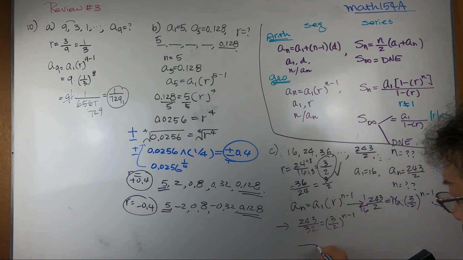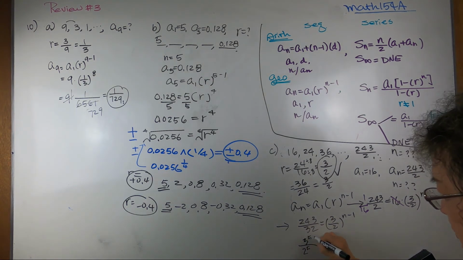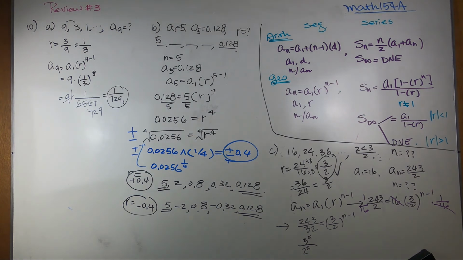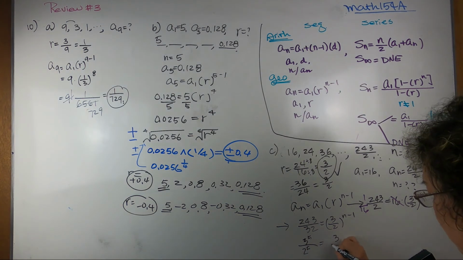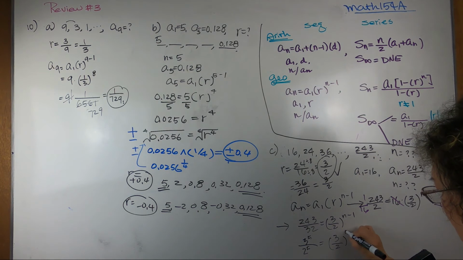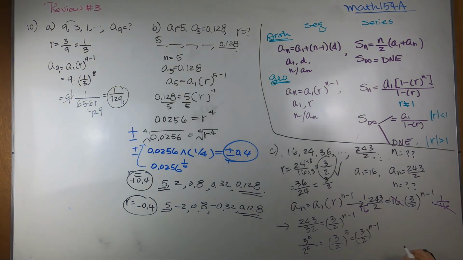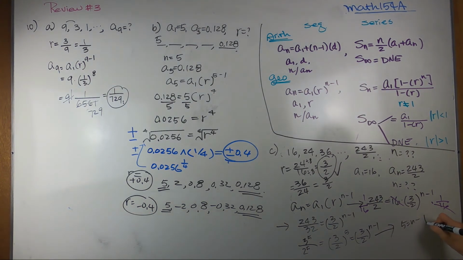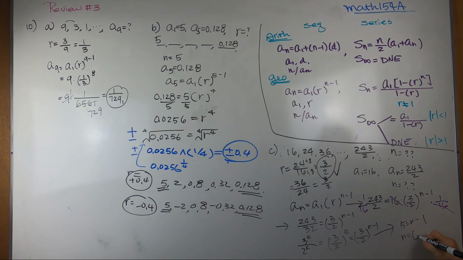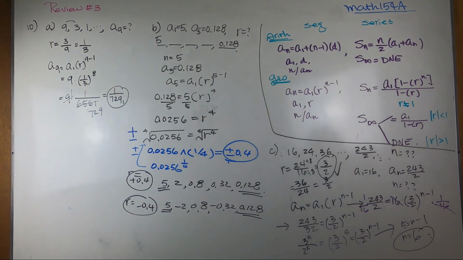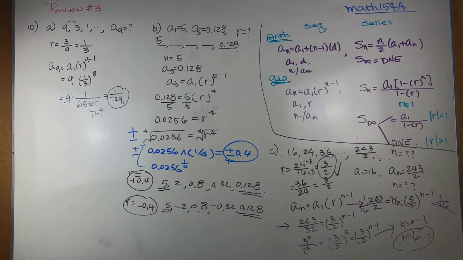So this one is what? 2 to the 5th power. This one is 3 to the 5th power, right? You do your threes. So actually you have 3/2 to the 5th power equals 3/2 to the n minus 1. So what do you think your n is? 5 is n minus 1. N would be 6. Is that right? That's how you would do it.